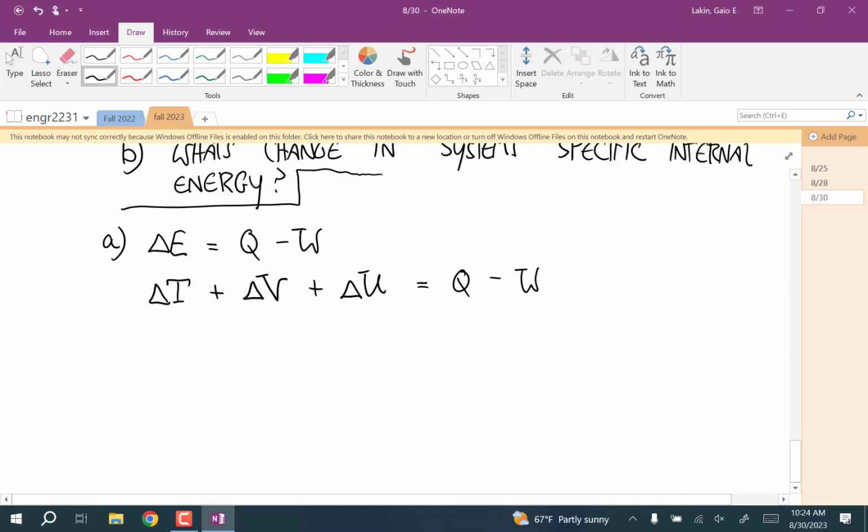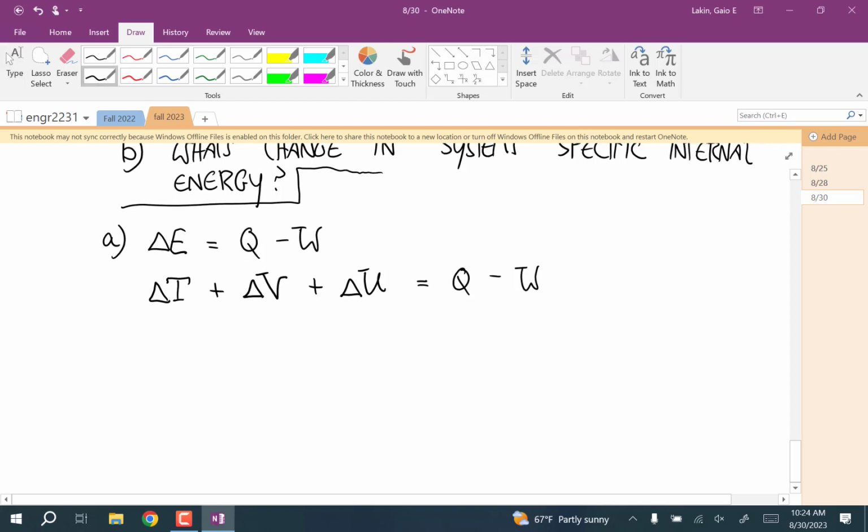So let's first think about the kinetic and potential energy. Kinetic, to get the change, we're going to take the ending kinetic energy minus the starting kinetic energy.